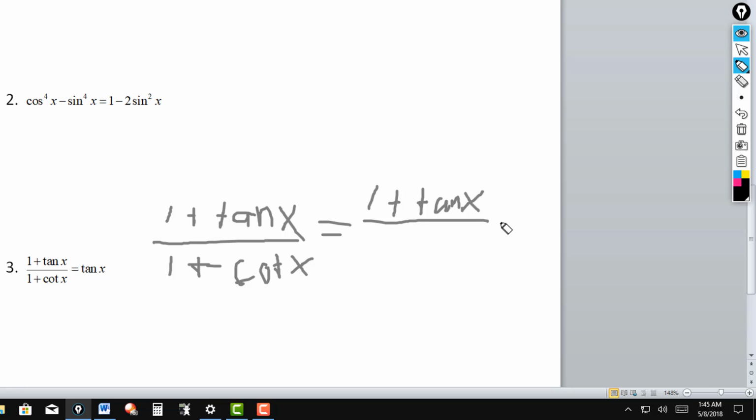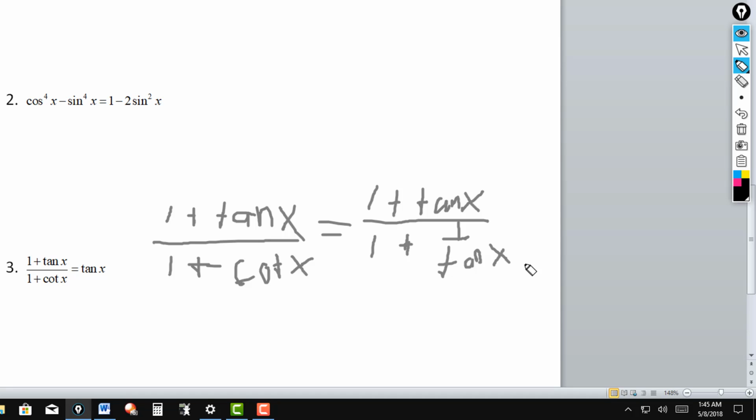So all I'm going to do here is rewrite the same thing, except I'm going to replace, using the basic or fundamental identities, cotangent of x with 1 over tangent of x.